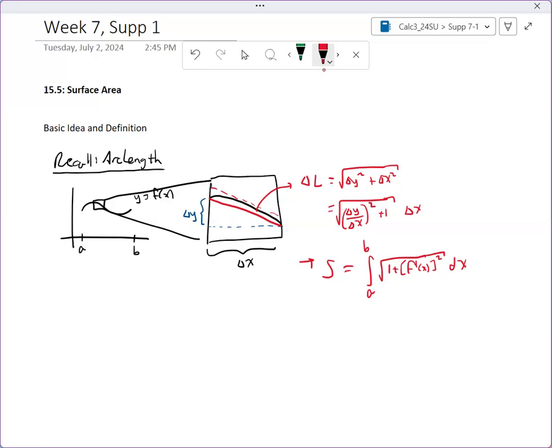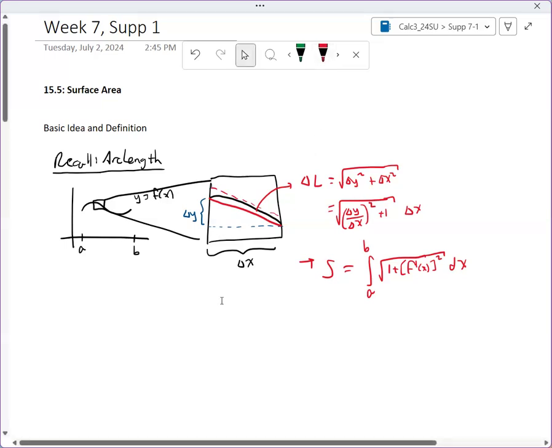But note that this red line is actually a secant line, so it is kind of like an approximation to the tangent line. So we're using the idea of a small window and then summing over a bunch of small windows, and the idea of the tangent line or the secant line being a good approximation to the function under some conditions, of course.